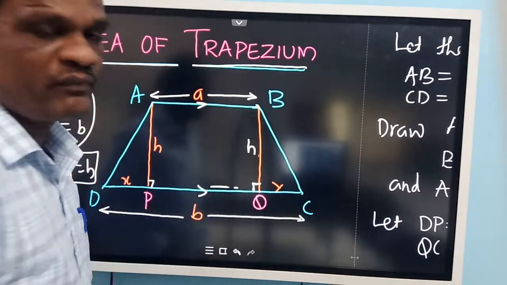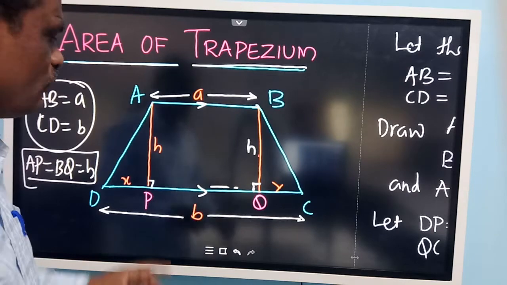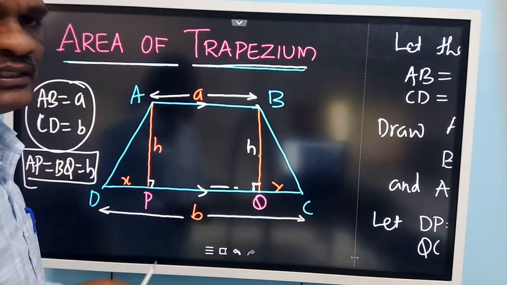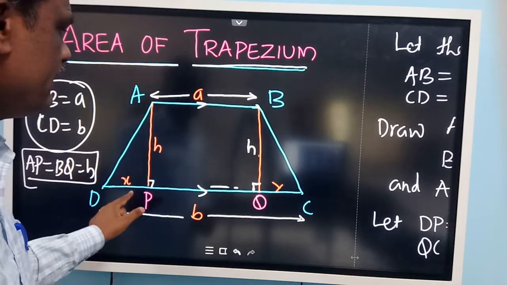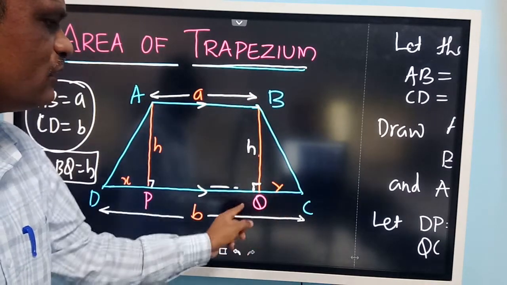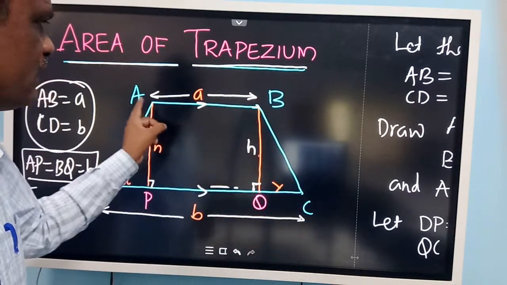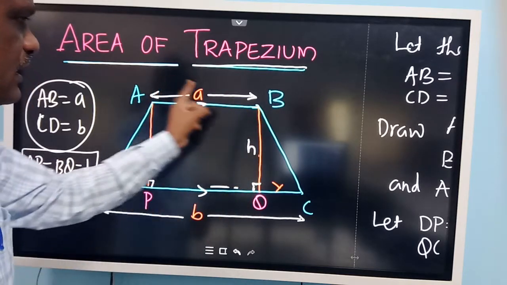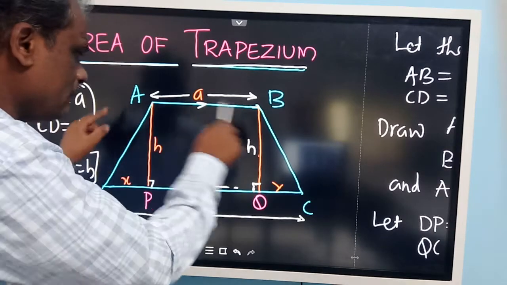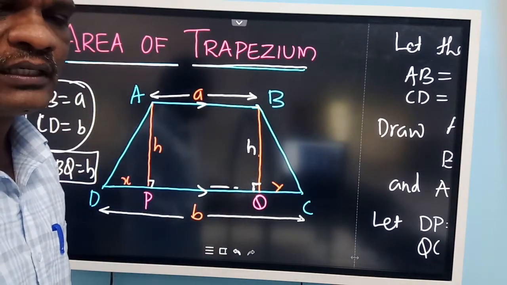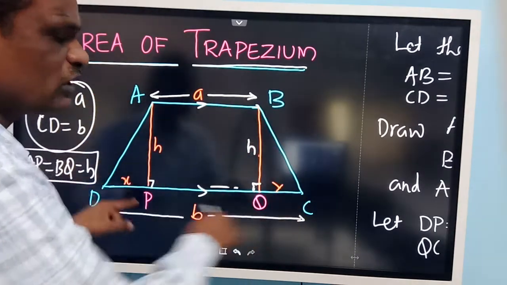So we have divided this trapezium into 3 parts: triangle ADP, triangle BQC, and ABQP, which is a rectangle. Separately we will find the area of these 3 parts and add them to get the total area of this trapezium.